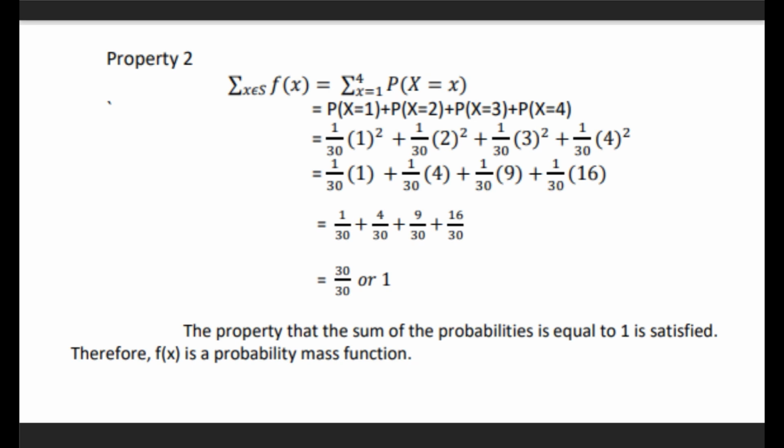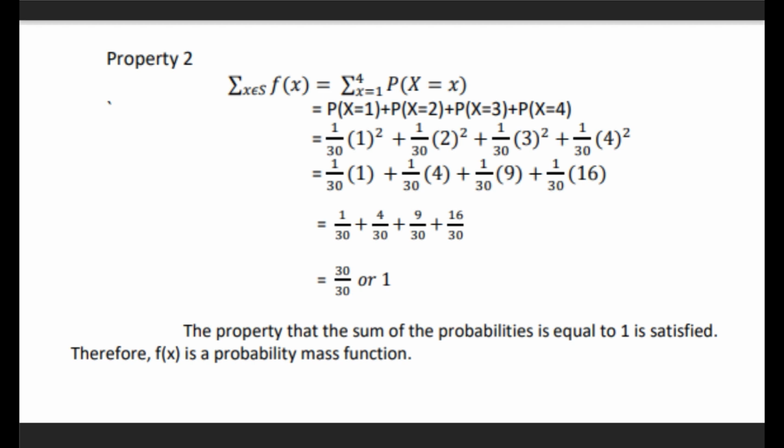Okay, let's use property 2. The summation of f of x as x is an element of S is equal to the summation of the probability of X equal to x as x goes from 1 up to 4.